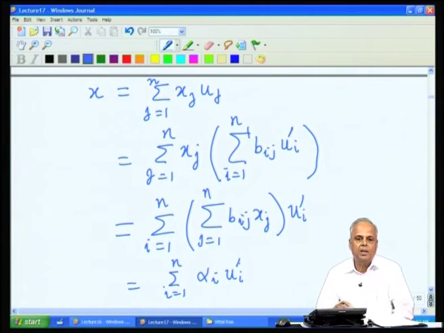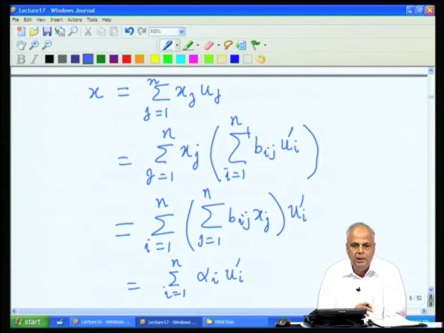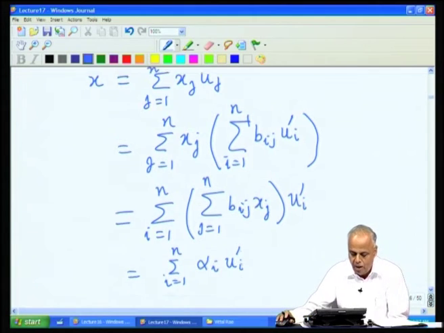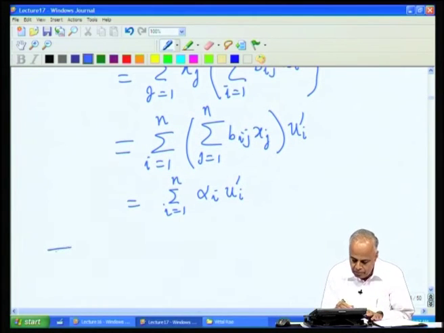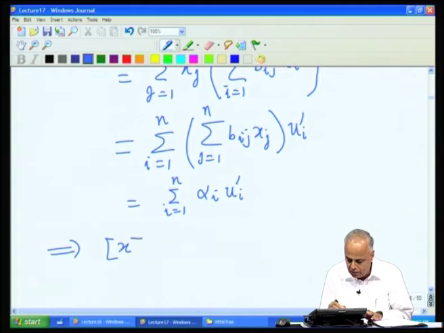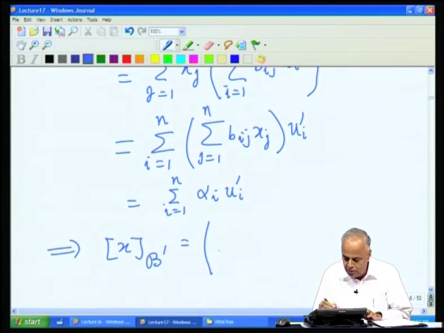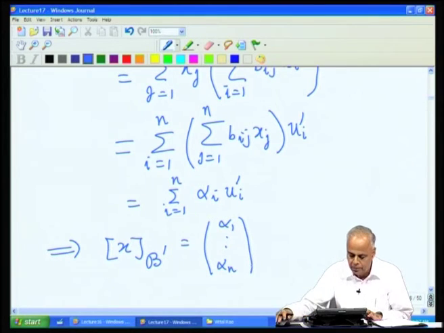So, that says x can be expressed as a linear combination of the B prime basis vectors with the coefficients alpha i. So, therefore, the representation of x in the B prime basis must be alpha 1, alpha 2, alpha n.